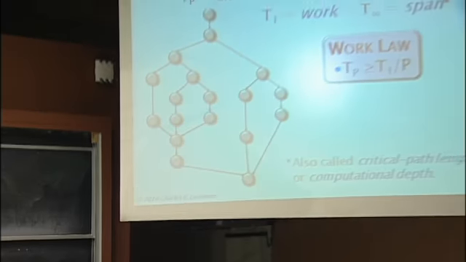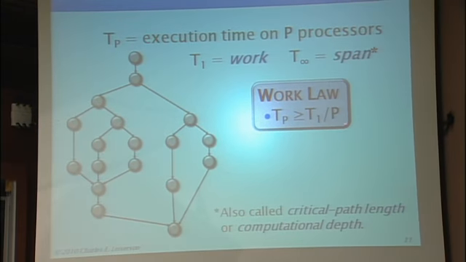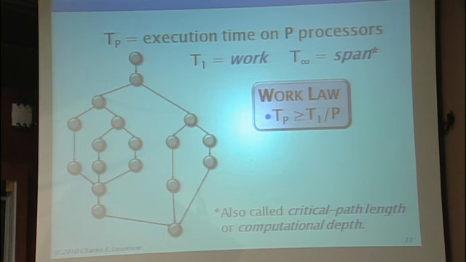The work law says that the time on P processors is at least the time on one processor divided by P. So why does that work law make sense? What's that saying? Work is conserved, sort of? You have to do the same amount of work. So on every time step, you can get P pieces of work done.